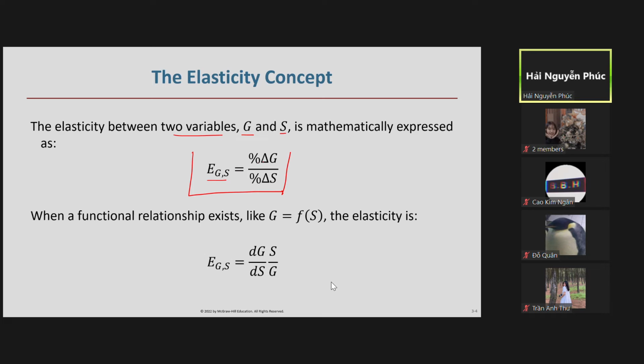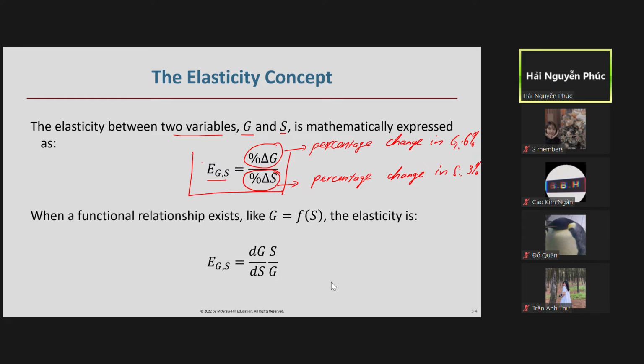It is equal to the percentage change in G divided by the percentage change in S. Now suppose I have the percentage change in G equal to 6%, and the percentage change in S equal to 3%.